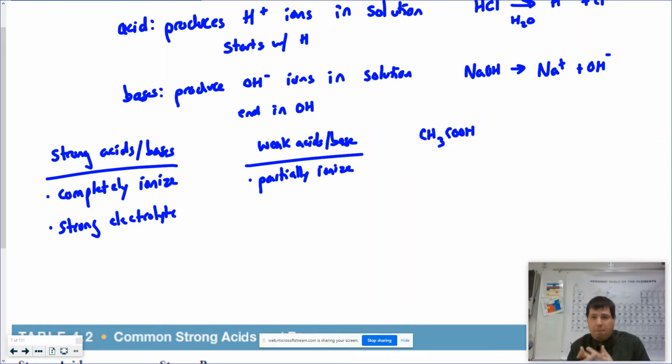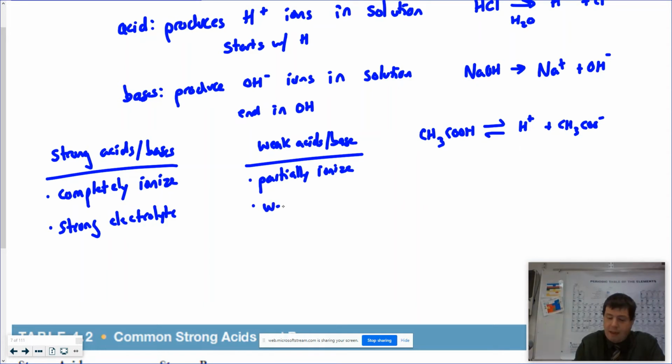If you have a bottle of vinegar, most of the vinegar is still CH3COOH. It hasn't broken up into H plus and CH3COO minus. In fact, we would describe this not as a completion reaction, but as an equilibrium. And so because of that, they make what we call weak electrolytes. They conduct a little bit of electricity, but they wouldn't be very good at it.